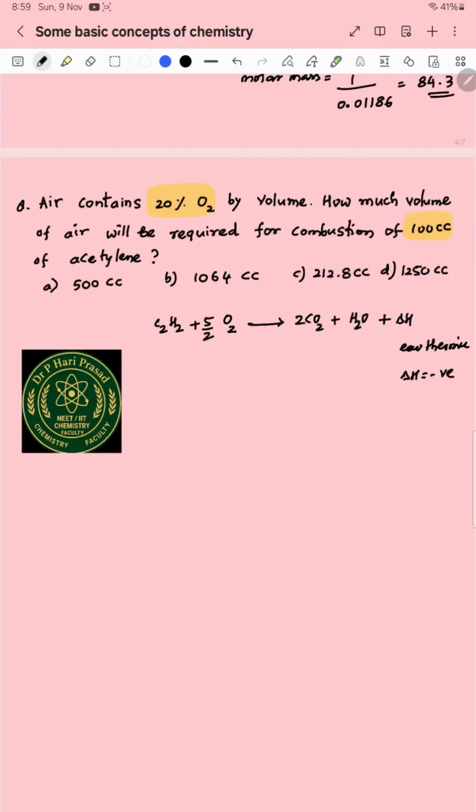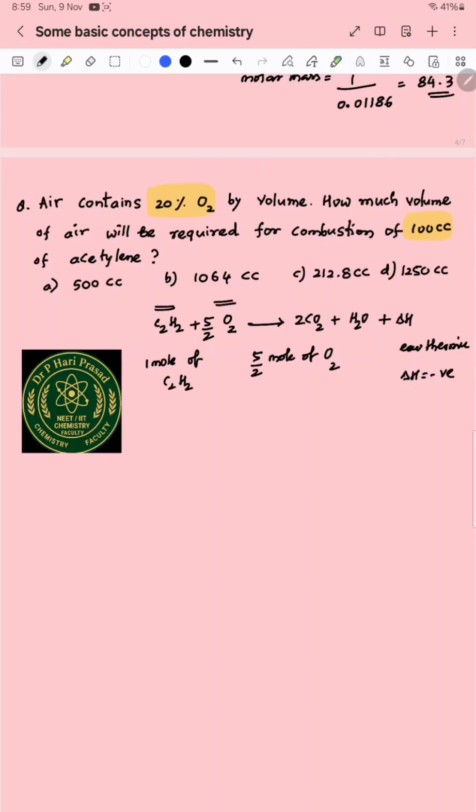Okay. Now from this, 1 mole of C2H2 will combust with 5 by 2 mole of O2. The question is asking only about acetylene and oxygen, so there is no information regarding carbon dioxide and H2O.